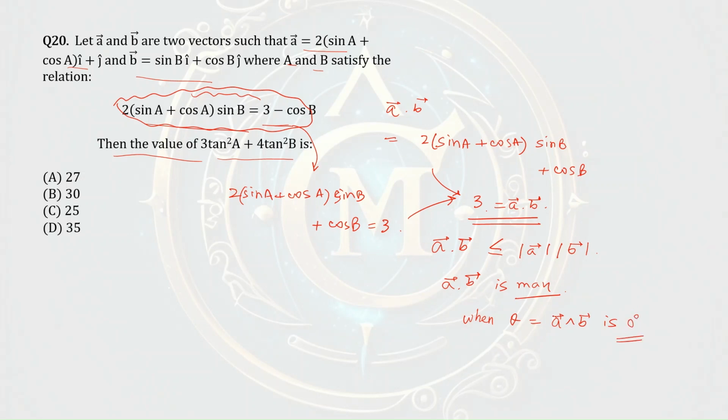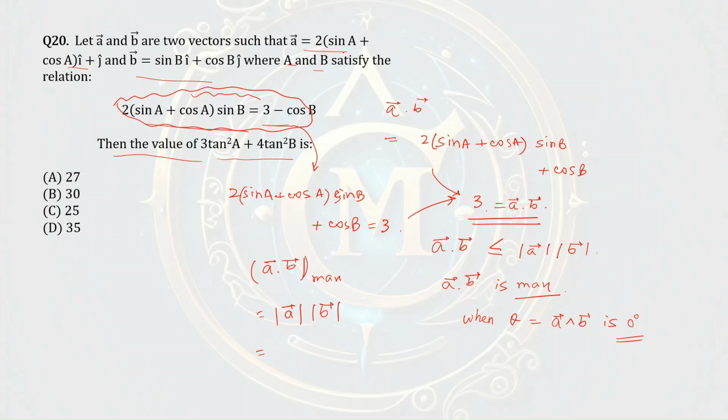That is, the vectors are collinear. So we can say that A vector dot B vector, this maximum value will be modulus of A times modulus of B.